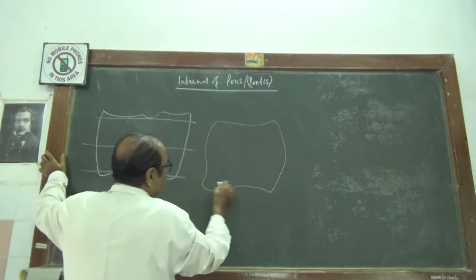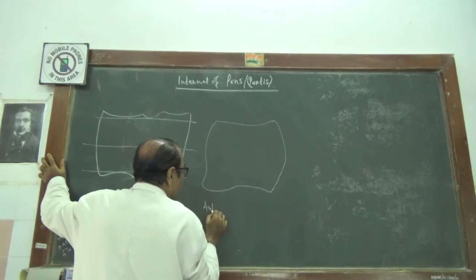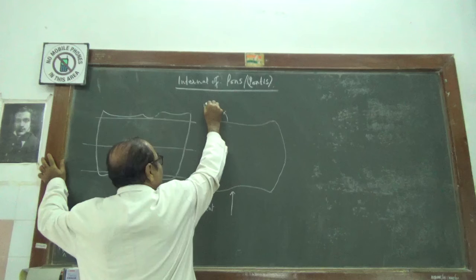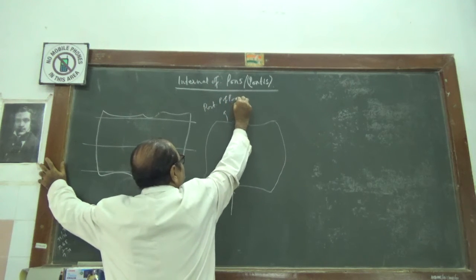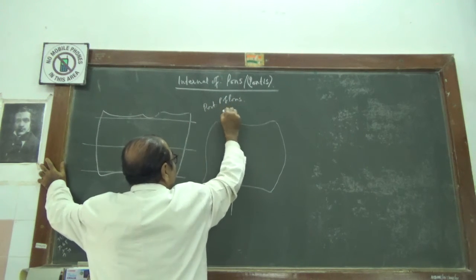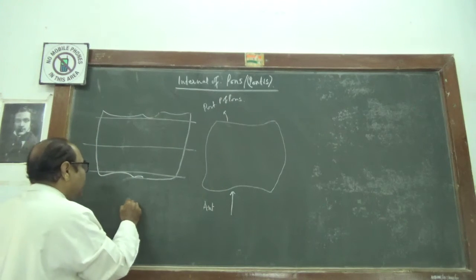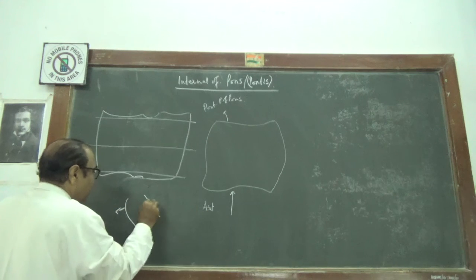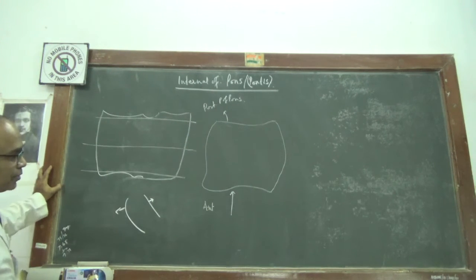So this may be the front part, anterior, and this may be the posterior part of Pons, means posterior surface. This is the anterior surface, so it will be there like this. So this part will be here, and this part will be here in the cut section.